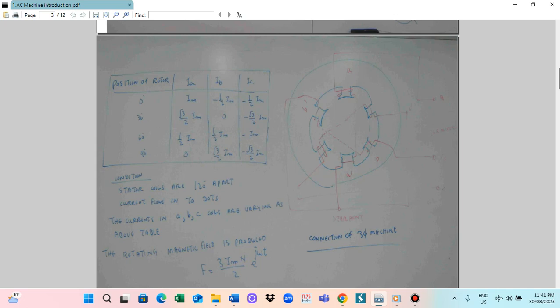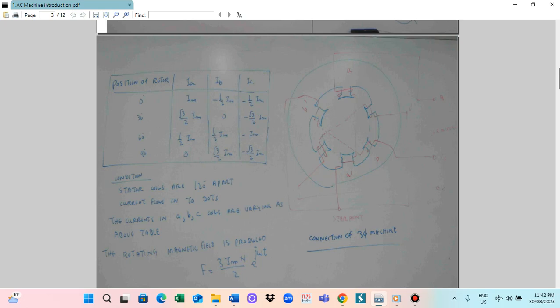Currents are flowing across in this direction. This is the top, so current will flow into this direction. Here the current flows into this direction, and here also. Currents are flowing in this direction, and all windings have to be 120 degrees apart.